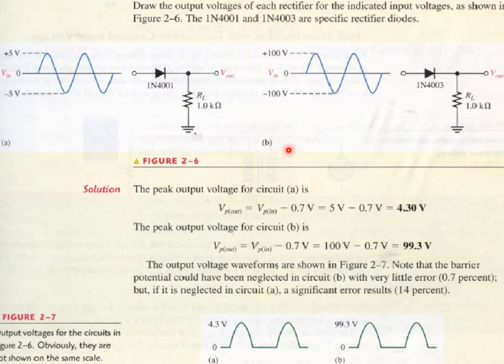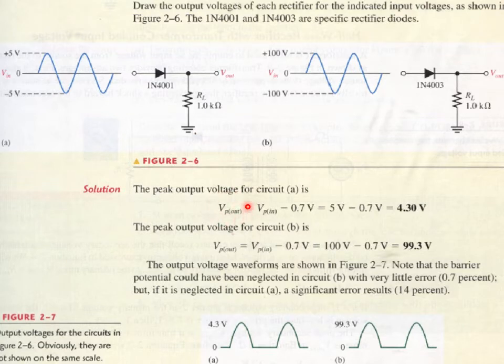Here we have another example where we have two rectifiers. One has an input of plus minus 5 volts, the other one plus minus 100 volts, going through a rectifier. Here we have the load resistance, so we measure the output voltage across the load resistance. In this particular case, we are going to take into account the bias voltage.